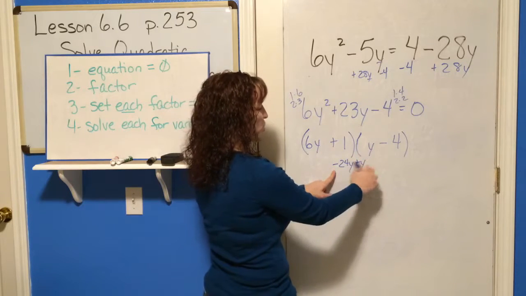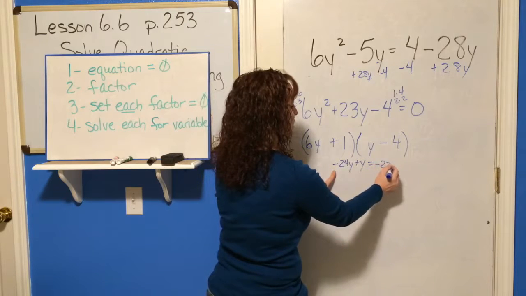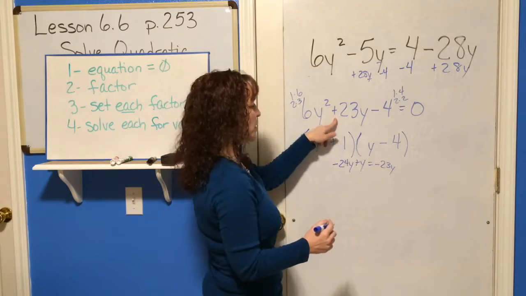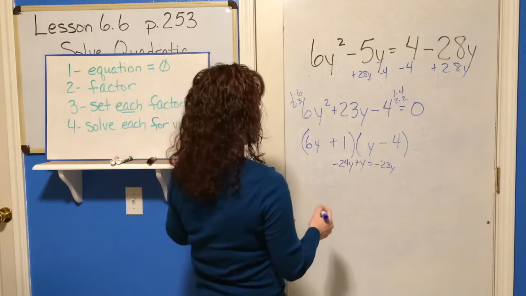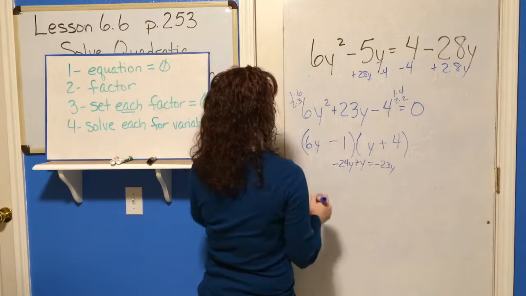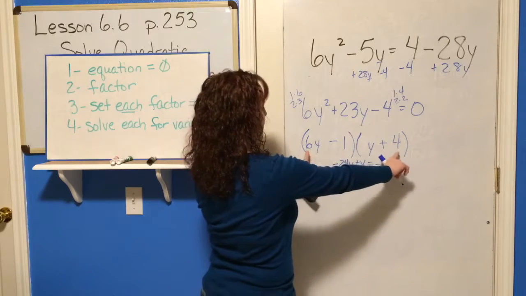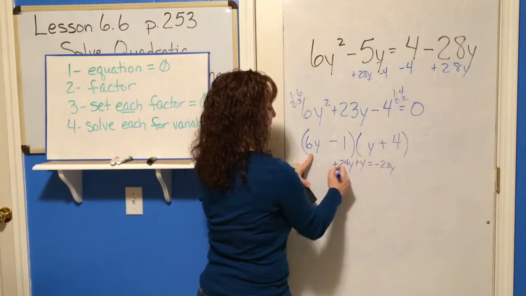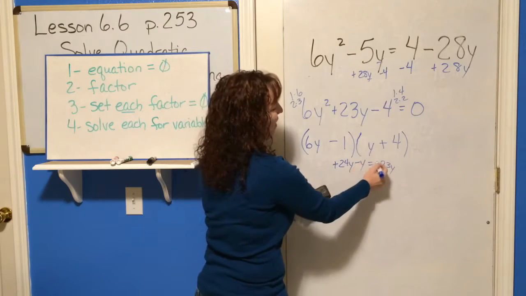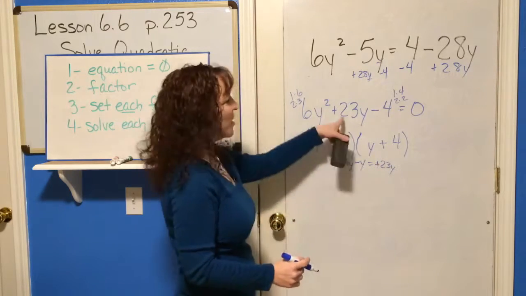Negative 24 plus y is going to be a negative 23y, which is really close, except I need it to be positive. So in that case, I'm going to just change my signs here. And now I have 6 times 4 is a positive 24 minus y. There's my positive 23y, which is this one.